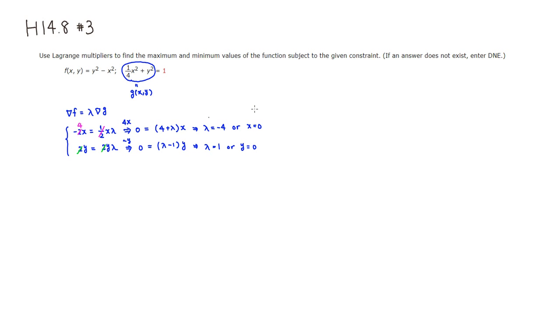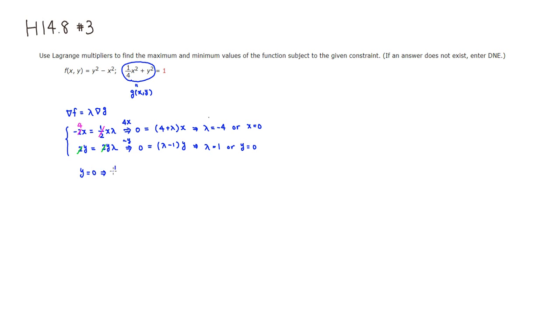So let's do that. If lambda is equal to -4, then lambda is not equal to 1, so y has to be 0. Once y is equal to 0, we can plug y equals 0 into the constraint.